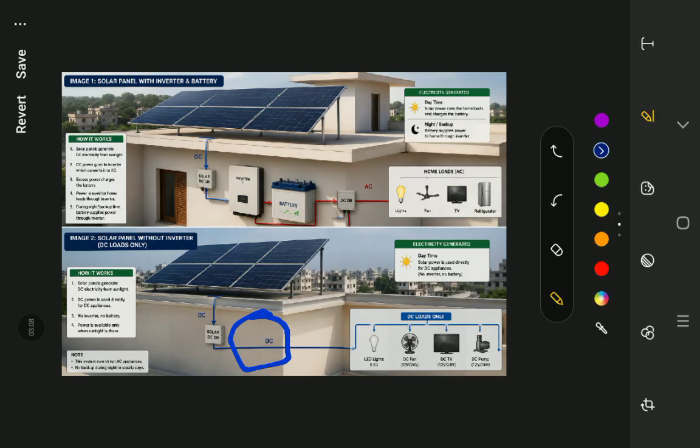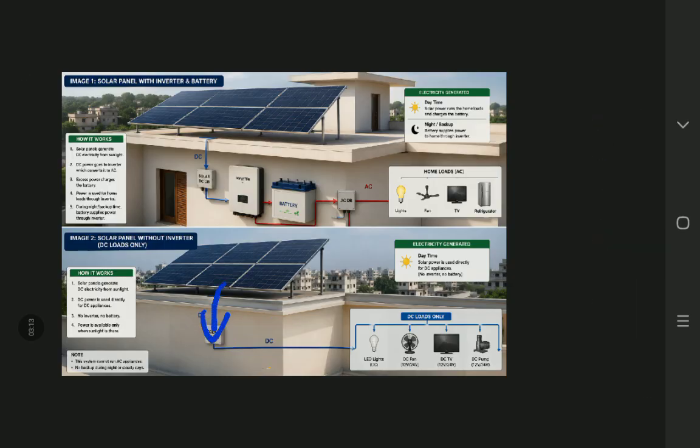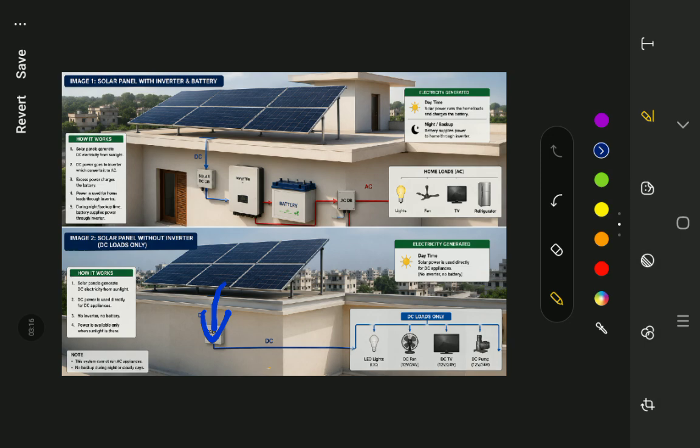This is generally used for very few purposes because DC current use is very low in homes. Whatever appliances we find in our houses, TV, light, fridge, are designed to take AC current, although inside the circuit they may convert AC to DC, but most appliances run on AC current only. So if you are using it for experiments, projects, or daily instruments which run on DC current only, we can install a solar panel.